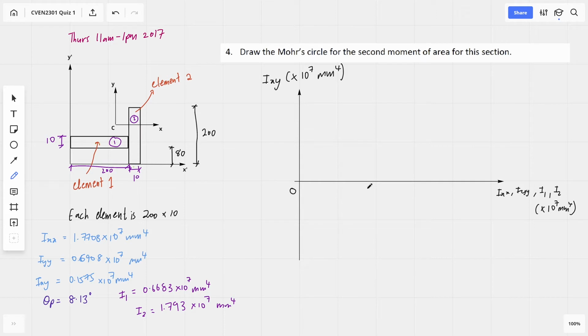And now when you're graphing this, we're first going to plot I1 and I2, because those are going to be the extremities of the circle. I'm going to put it every 0.5, so 0.5, then 1, 1.5, 2.